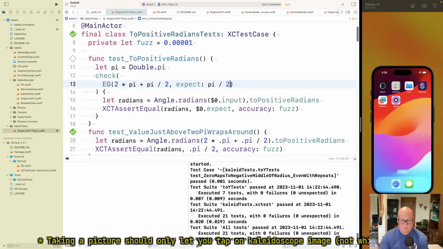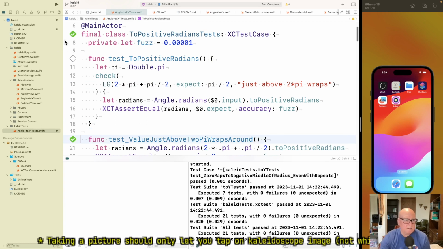All right, so this is just above 2 pi wraps. All right. And this test should pass.